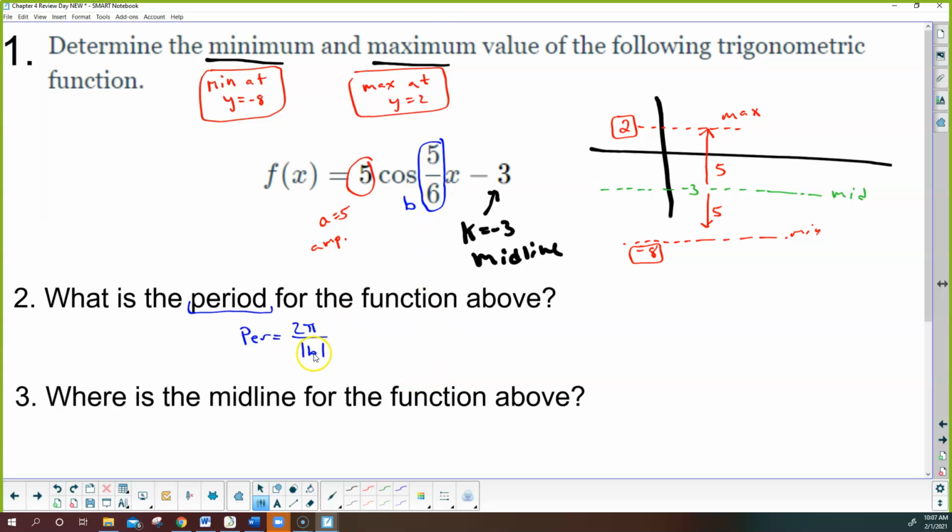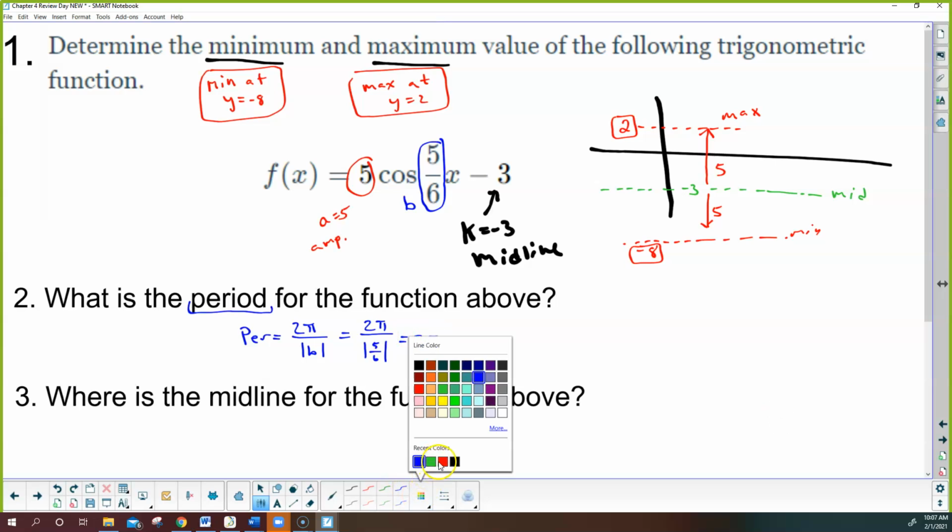Well, I'm going to plug 5/6 right in here. Now the absolute value just says this is positive, so I'm not too concerned about the absolute value, but I don't like to divide by 5/6. So I'm going to take that 2 pi, and instead of dividing by 5/6, we're going to multiply by the reciprocal.